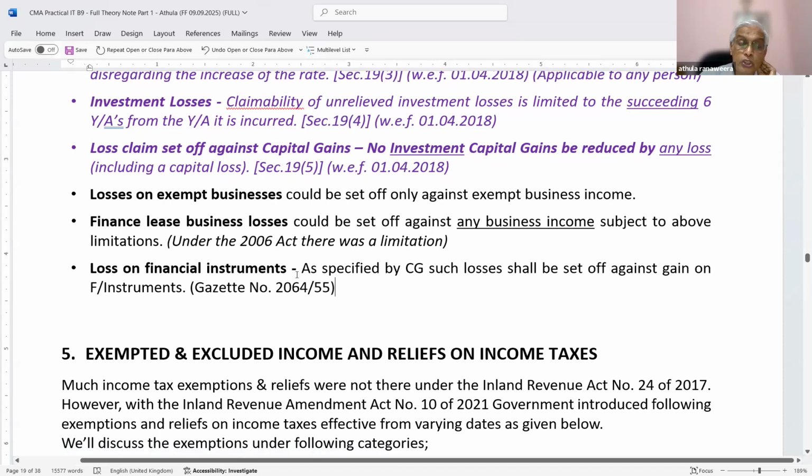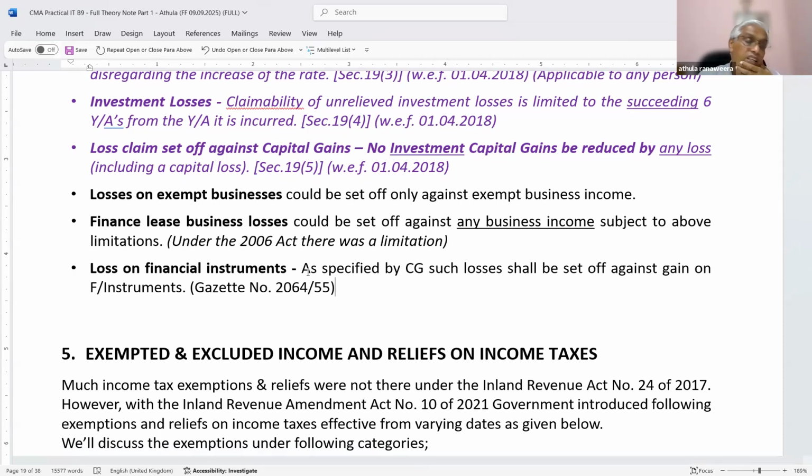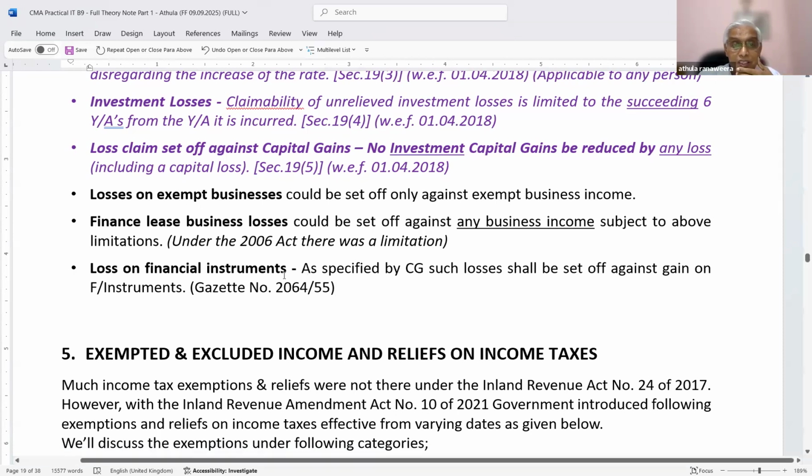Loss on financial instruments. On financial instruments, the probability of losing is also high. Therefore, the Commissioner General has specified what to do. As specified by the Commissioner General, such losses shall be set off against gains on financial instruments.